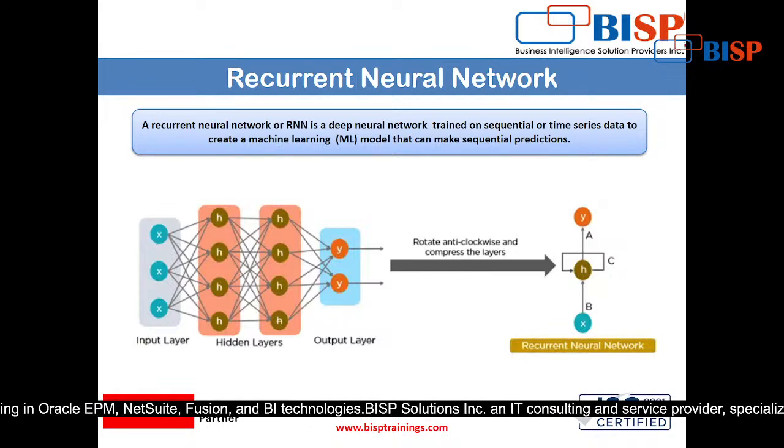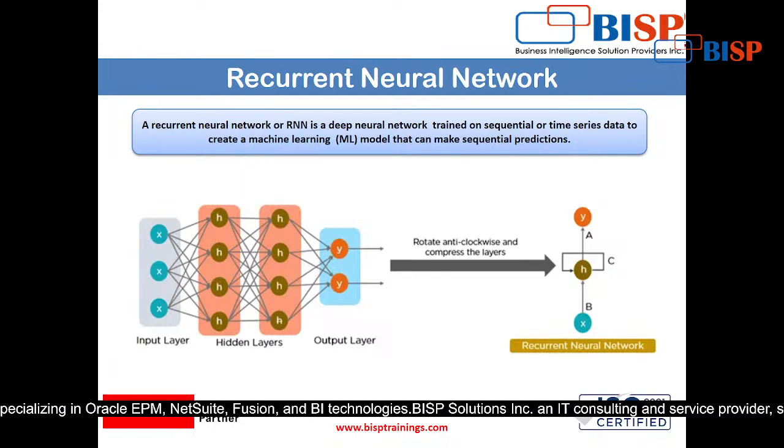Now see how this recurrent neural network is used. A recurrent neural network, or RNN, is a deep neural network trained on sequential or time series data to create a machine learning model that can make sequential predictions. That means last year's rainfall record was this, so on the basis of that I can predict what it will be this time.